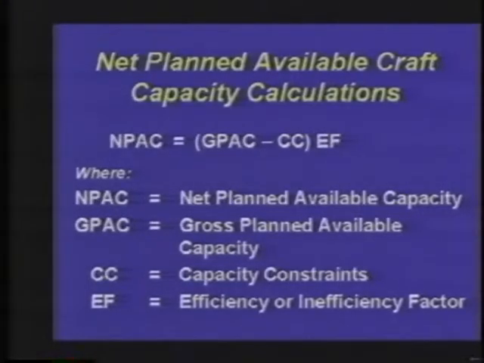NPAC is net planned available capacity. And that is equal to the difference of the gross planned available capacity, which is the payroll time, minus the capacity constraints, that's the allowable non-productive time, times an efficiency factor. This is a very simple formula to use in craft capacity planning.